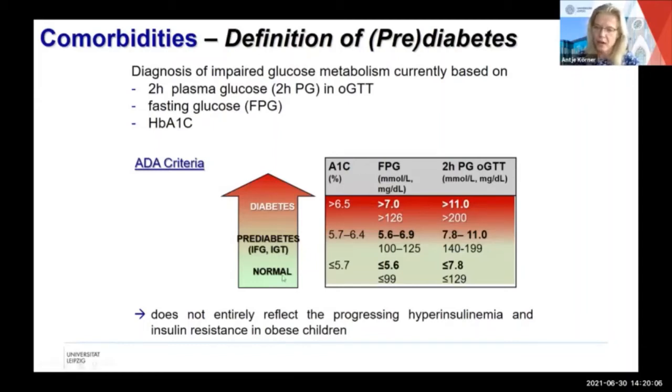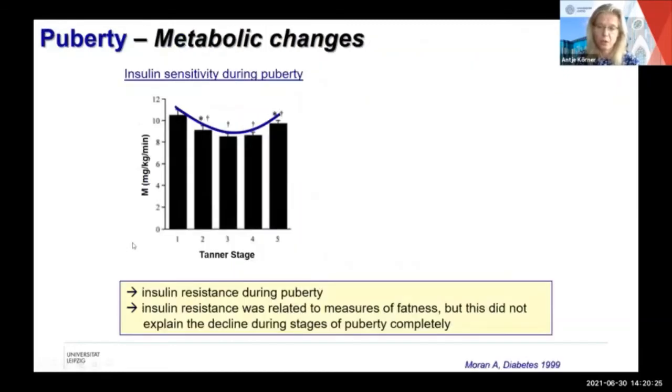And there are cutoffs defining normal ranges, prediabetes and diabetes. These are rather old. They have been used for decades, but of course they do not entirely reflect the progressive insulin resistance and hyperinsulinemia in children with obesity.